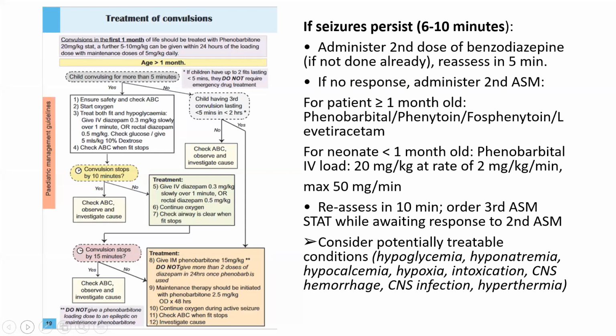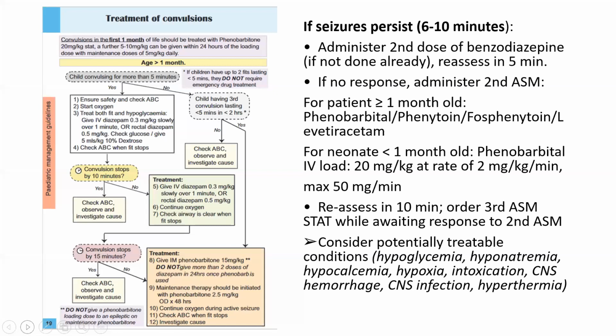anti-seizure medication. There are very many options to use as a second anti-seizure medication, and the option to use is dependent on a number of factors. It depends on what the patient is currently taking.